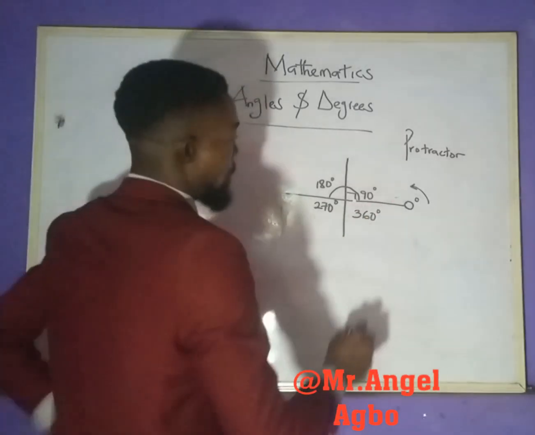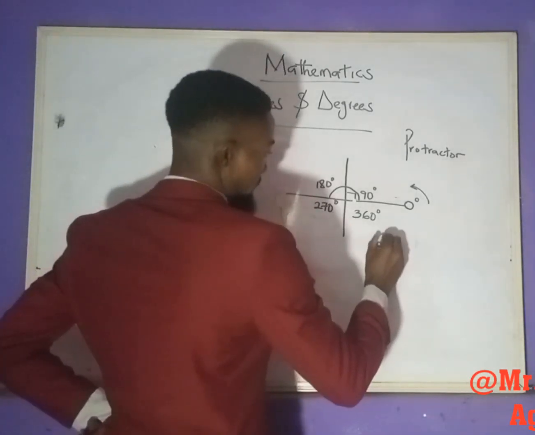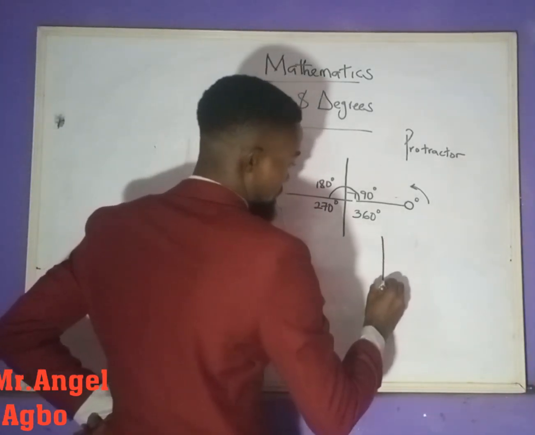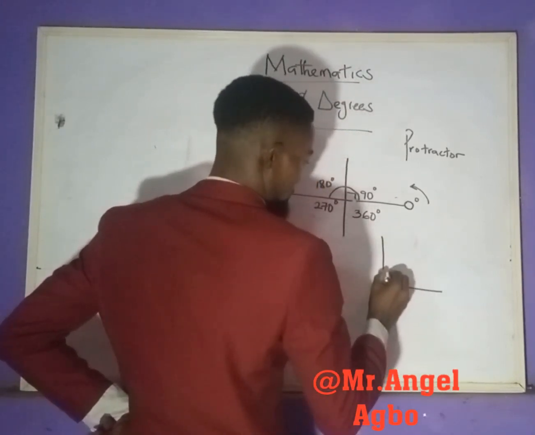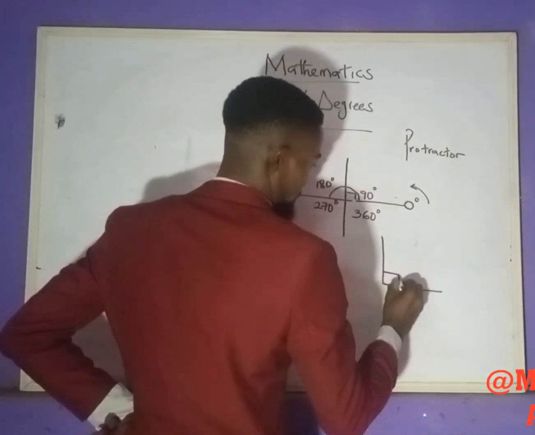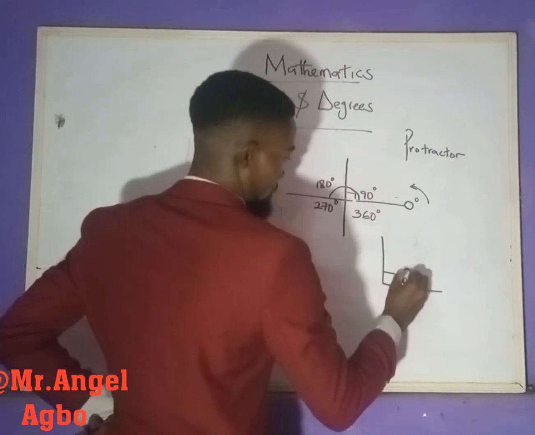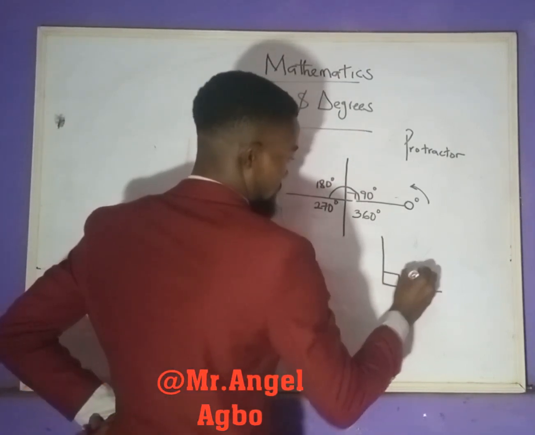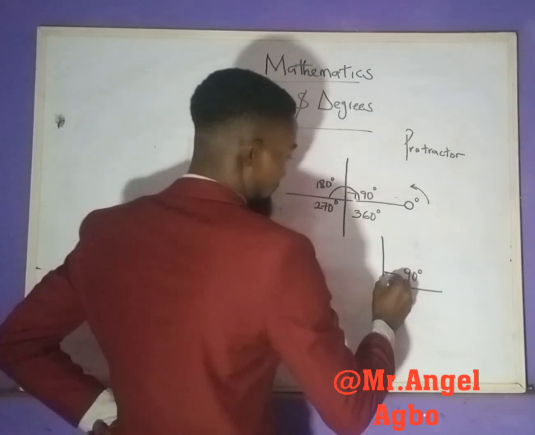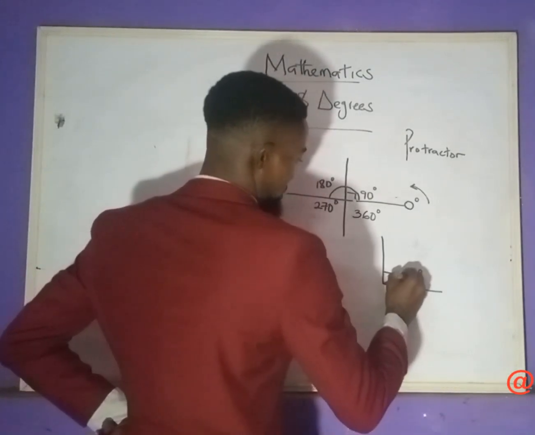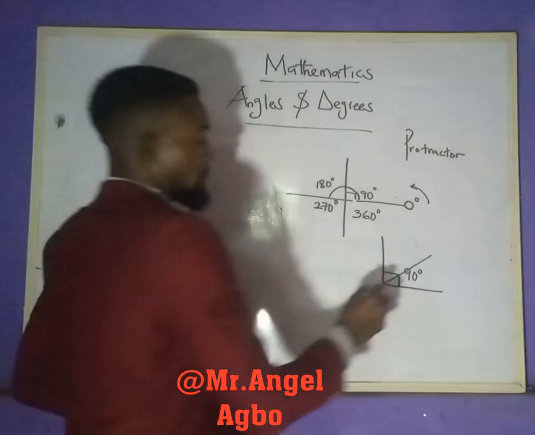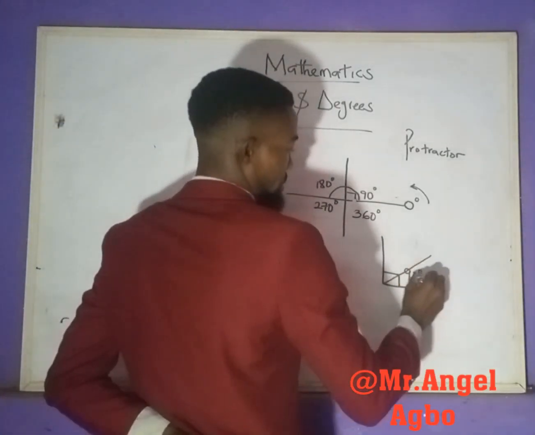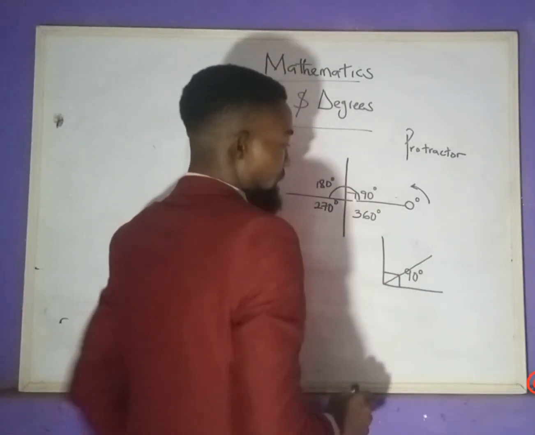What I want us to know is, I'm going to explain it bit by bit. Remember that the half of this angle will be 45 degree. The half of this angle is what?